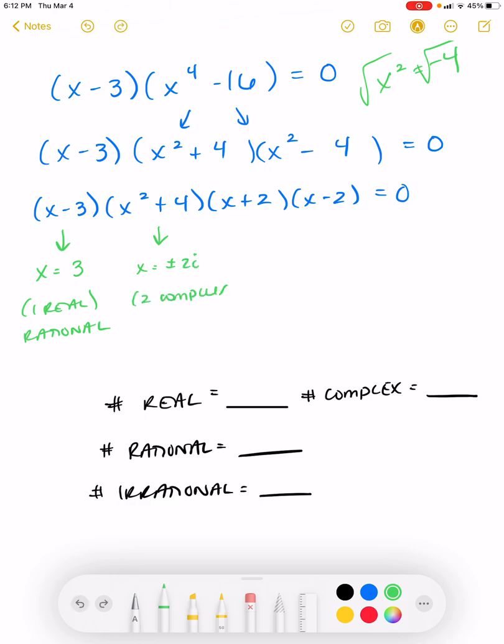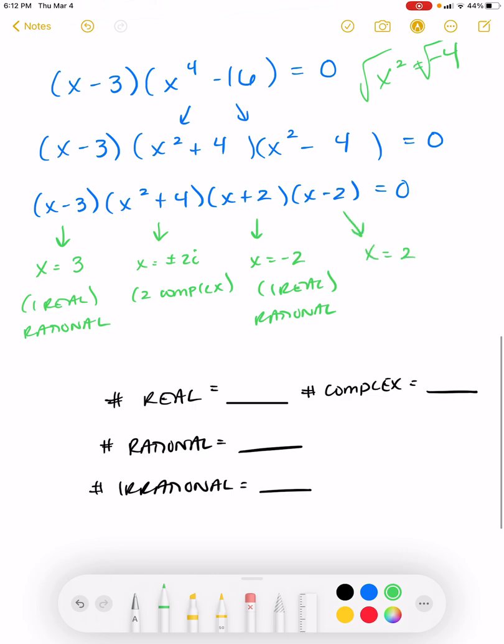And we don't take complex roots and give them a subcategory. If it's imaginary, it's imaginary. There's no such thing as a rational imaginary. This is going to give x equals -2, which means it's one real, and this is a rational number. And this is going to yield x equals 2, which is real, and it is a rational number.